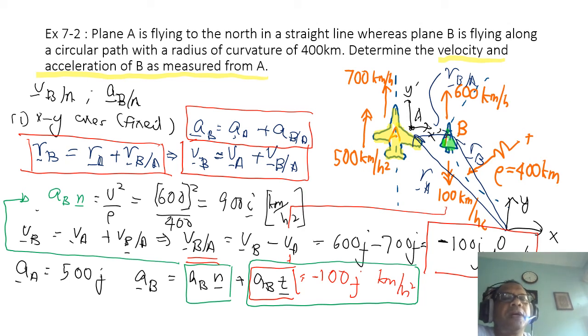So now we can write the whole equation of AB. We know what AA is and we know what AB is. Look at the equation of acceleration here.